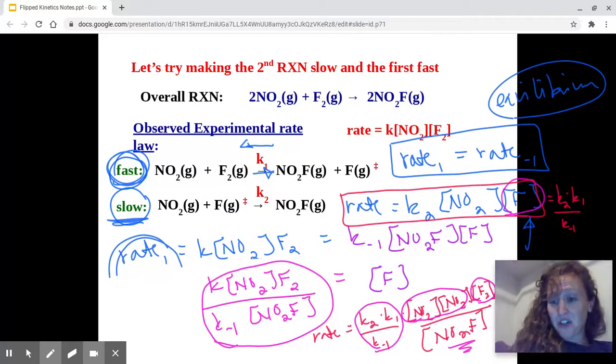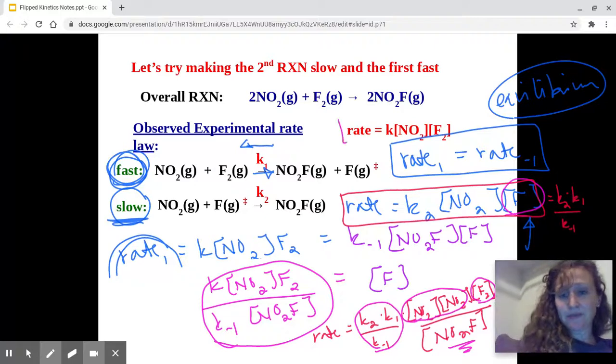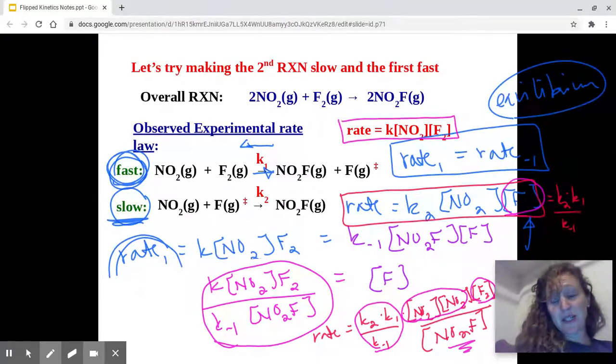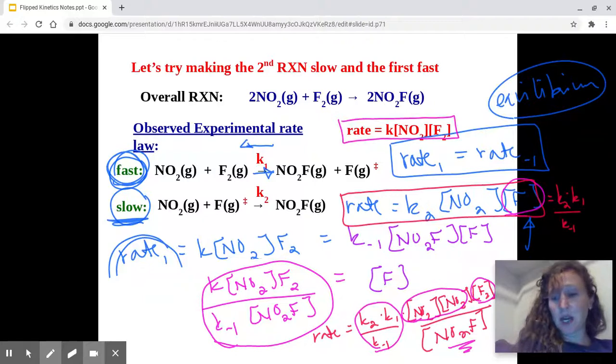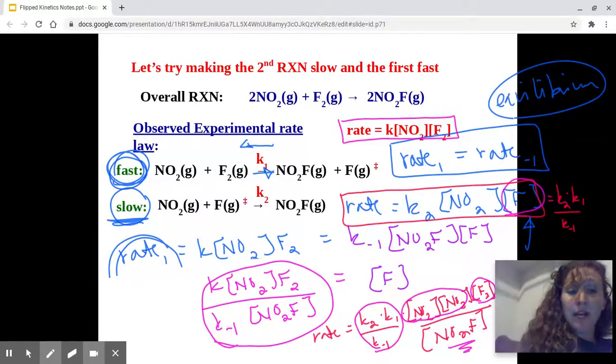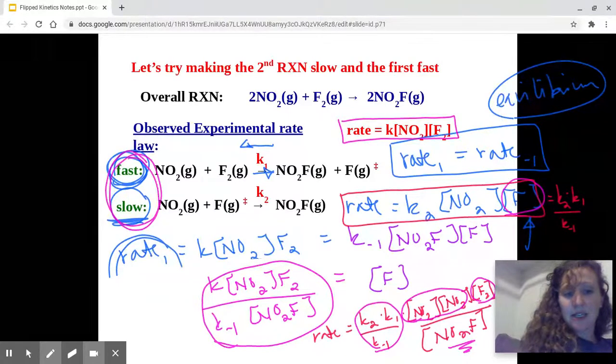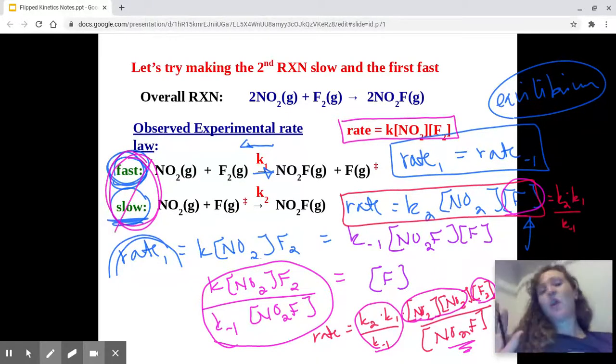Does it match our experimentally observed rate law? No, it does not. It's close, but it doesn't. NO2 isn't squared, and the product isn't part of this rate law. And so this proposed mechanism does not match. Now, it's not always this complicated.